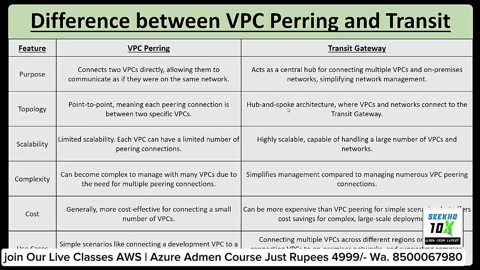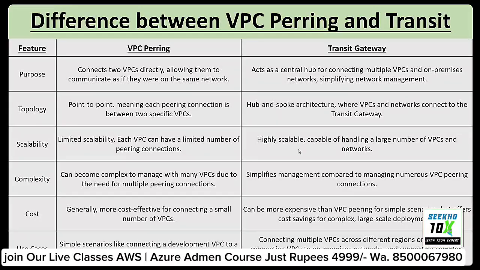And hub and spoke architecture. So what do you mean by hub? It's a central hub, and spoke is your attached VPCs, where VPCs and networks are connected to the transit gateway. Scalability: limited scalability. Each VPC can have a limited number of peering connections. It's nothing but only a few peering connections you can use. You need to ask your service provider to increase the limit.